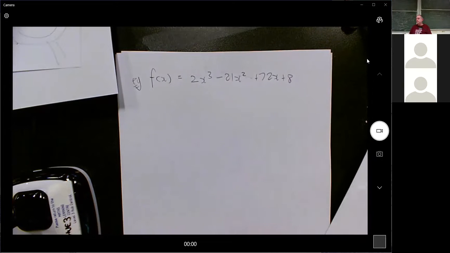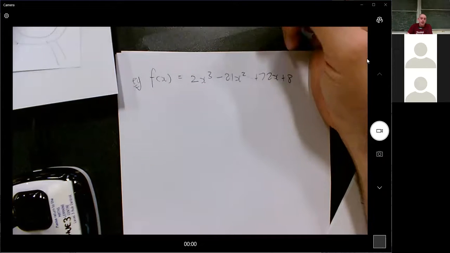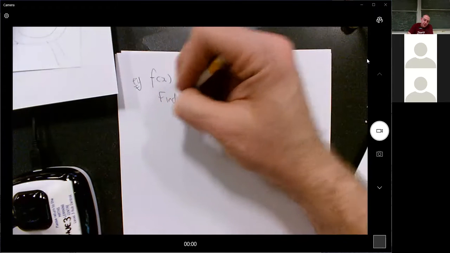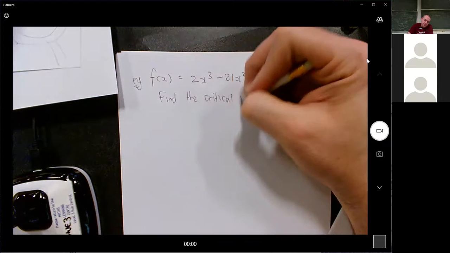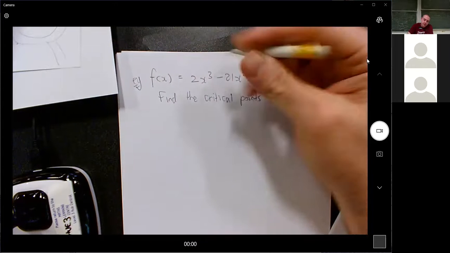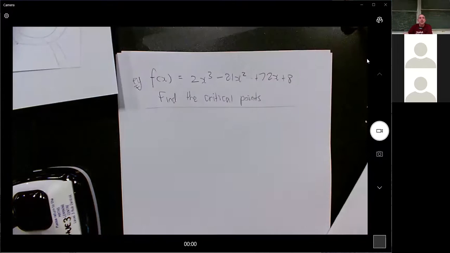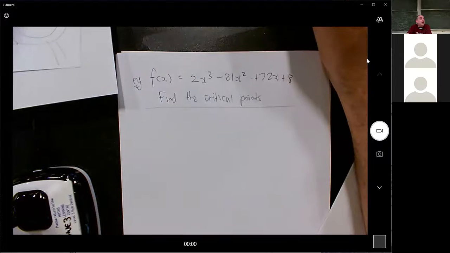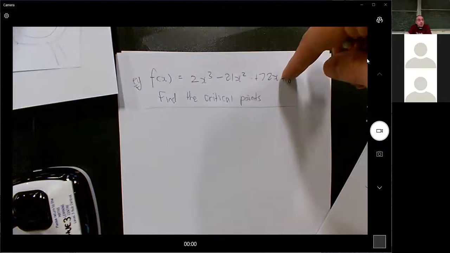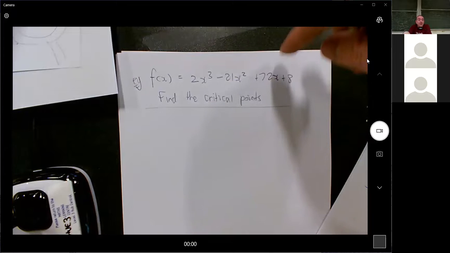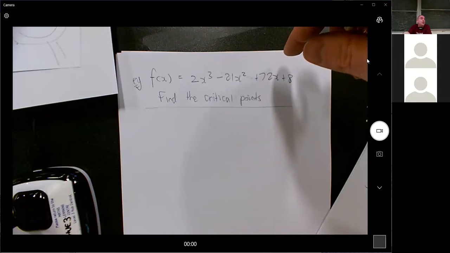Okay. Let's find the critical points. So the critical points are places where the derivative doesn't exist or where the derivative is 0. This function is a polynomial. It doesn't have any places where the derivative doesn't exist, so I don't have to worry about that.